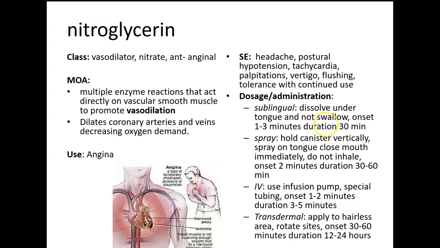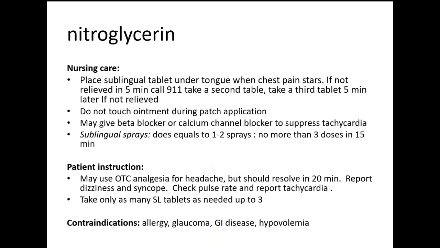If you still have chest pain, we need to get the provider. And then I think I mentioned here transdermal, that you need to be really careful. It comes in patches or in creams, and you need to make sure that you remove the old patch or the old cream before you put on new, so that you're not giving them too much of the medication.